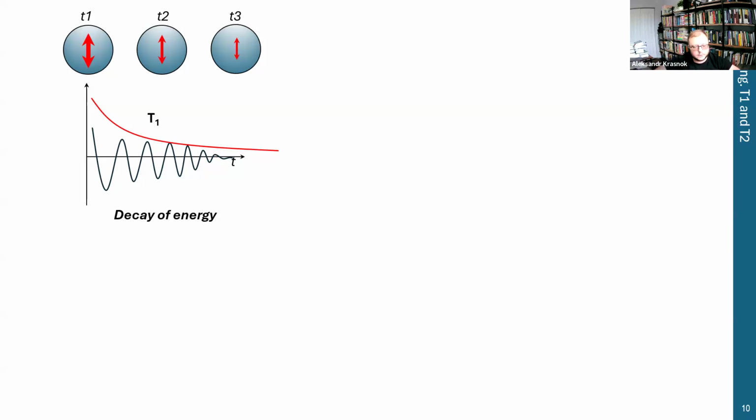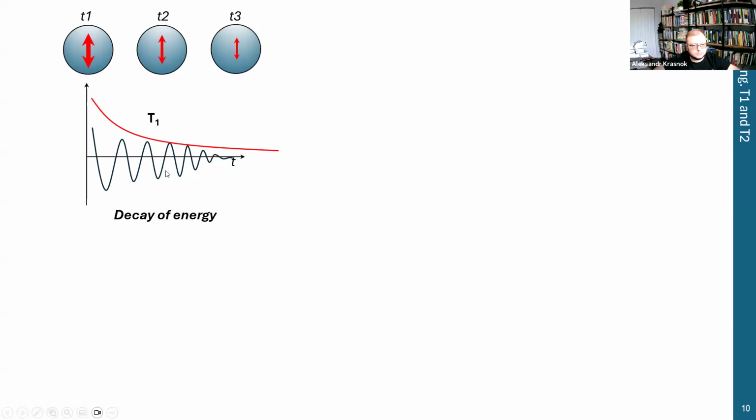And if the resonator has just one mode, this decay will be more or less exponential. And T1 represents the time when this mode decays by a factor of e, 2.7 times, for the energy of the field.